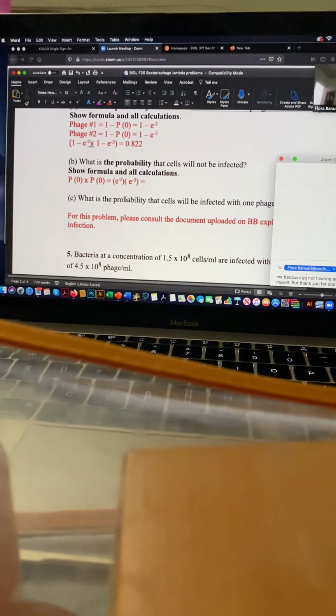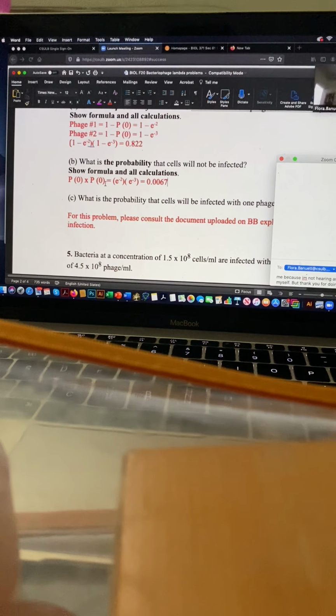So that is going to be like 0.00 something. I don't have my calculator with me. 0.0067, right? Yeah. That's what I thought. Good.